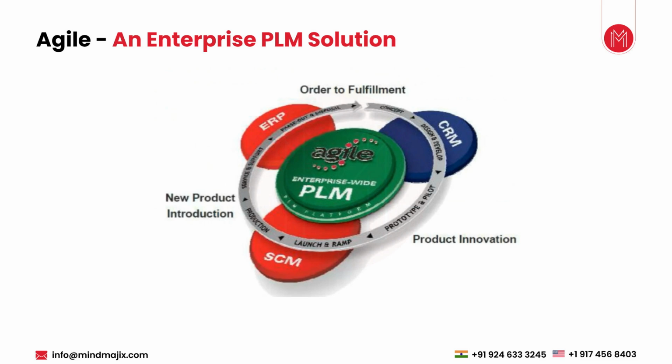So Agile PLM basically has the capability to involve ERP, CRM, and SCM, which are three main components to run a business or to have an end-to-end life cycle for any product.